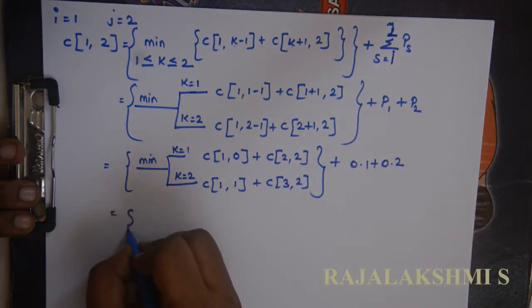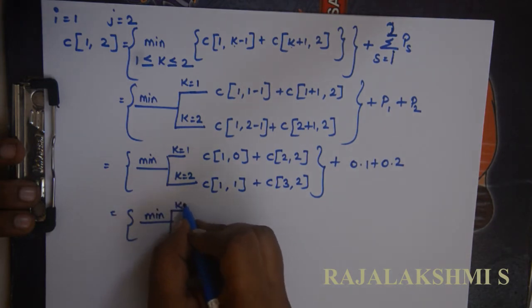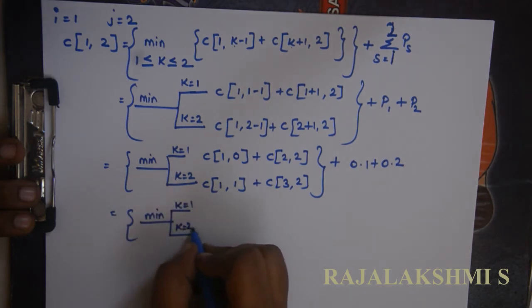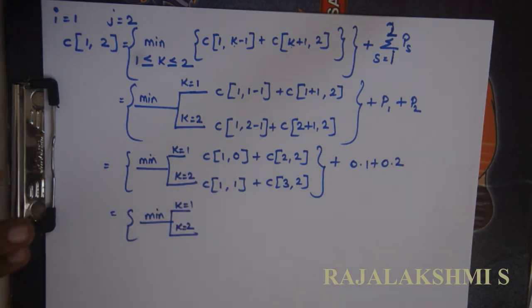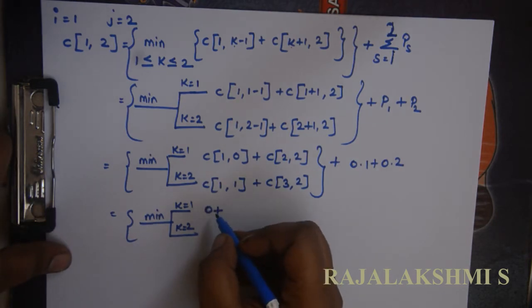So we will be having here minimum of k equal to 1, k equal to 2. So C of 1 comma 0, the value is 0, plus C of 2 comma 2, the value is 0.2.